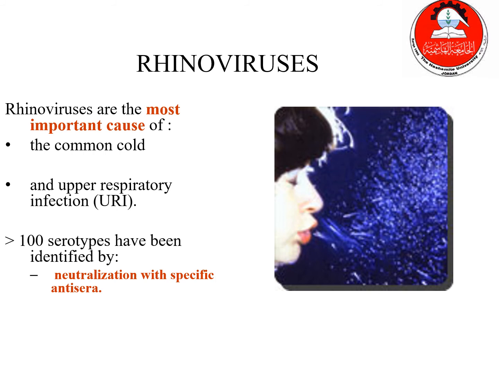So the rhinovirus is the most important cause of the common cold and upper respiratory tract infection. Rhinovirus has more than 100 serotypes. Nowadays almost 160 serotypes have been identified for rhinoviruses.